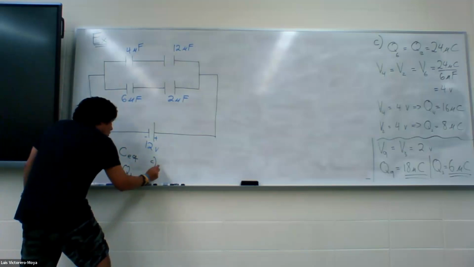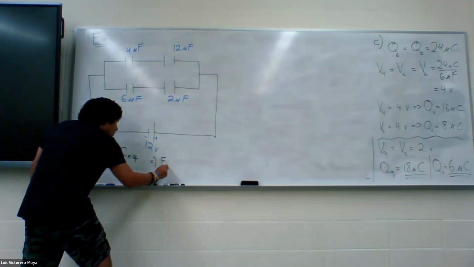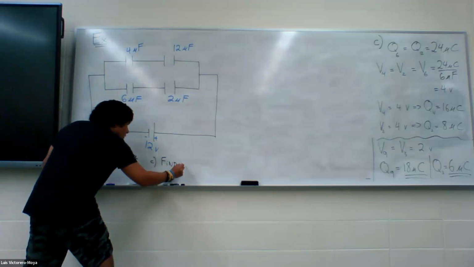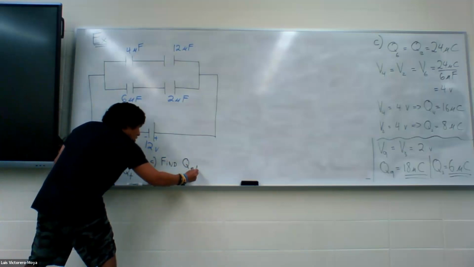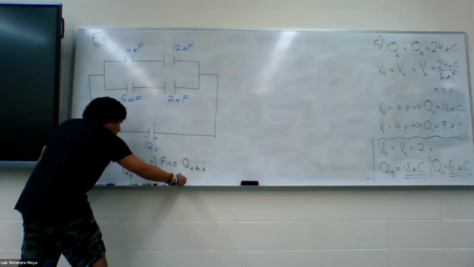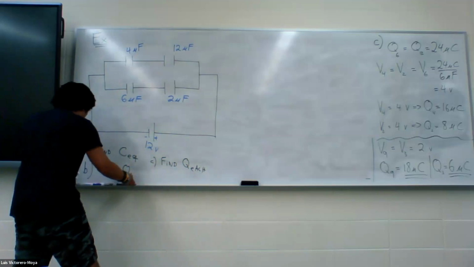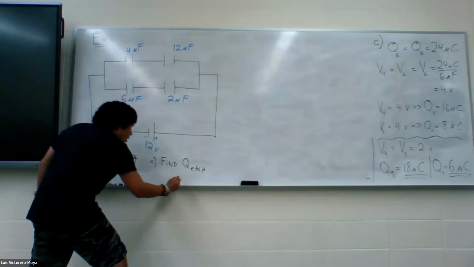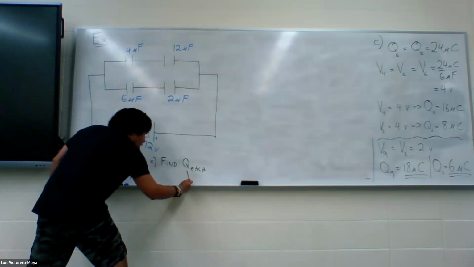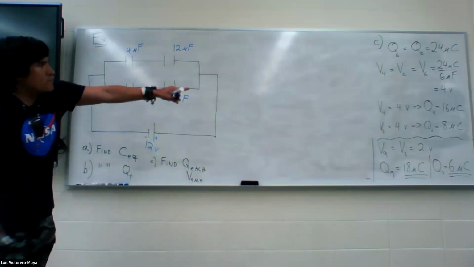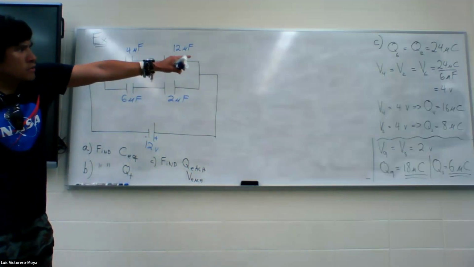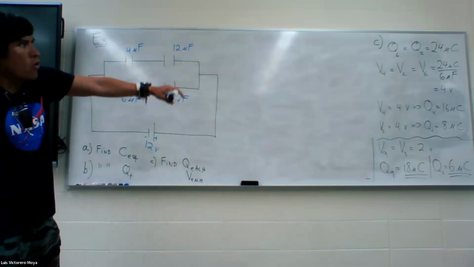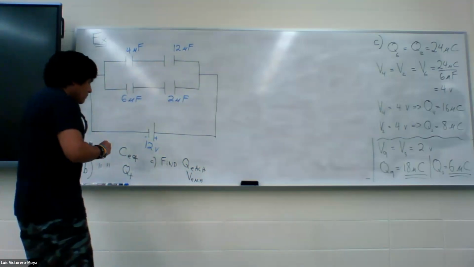And now you're going to find the charge on each, but also the voltage on each. I mean, you just saw over there that you can also split the voltage. So let's do that here.